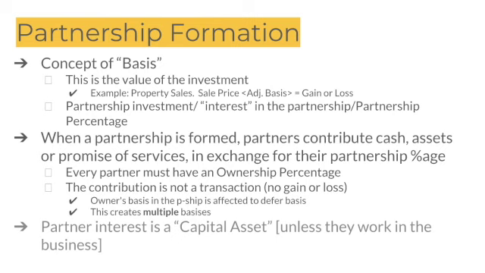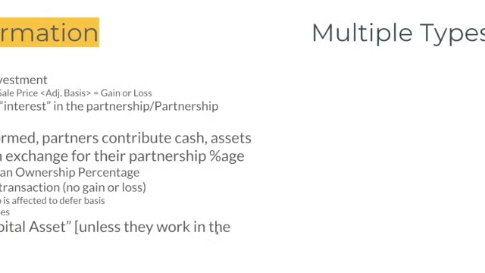Now, this does create multiple bases for both the partnership and the partners, and this is not really a concept we touched on yet, so it's really specific to the partnership rules. A partnership interest is a capital asset. This is a little misleading unless they work in the business. When they work in the business, there are additional impacts from that, but essentially every partner's interest is a capital asset, even if they work in the business.